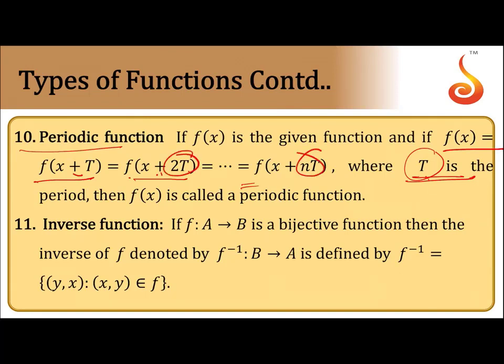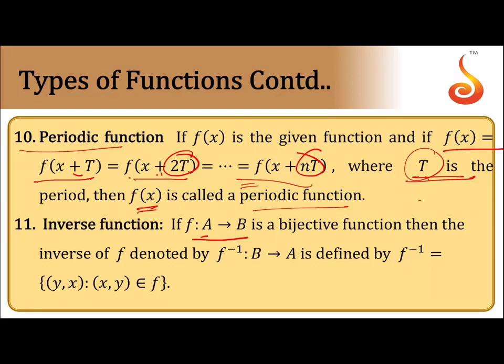That means 2t is also a period, 3t is also a period, nt is also a period of the function. Therefore, a periodic function has no fixed periodicity; it may change depending upon the function.